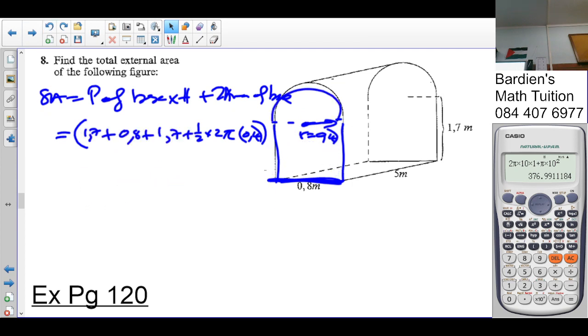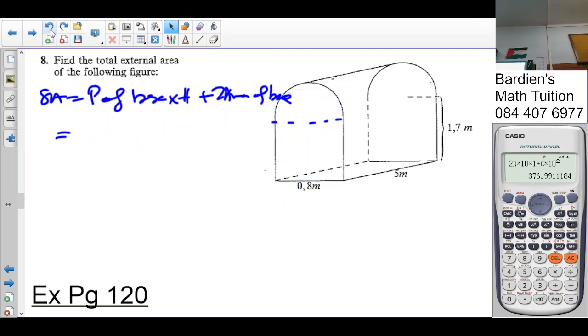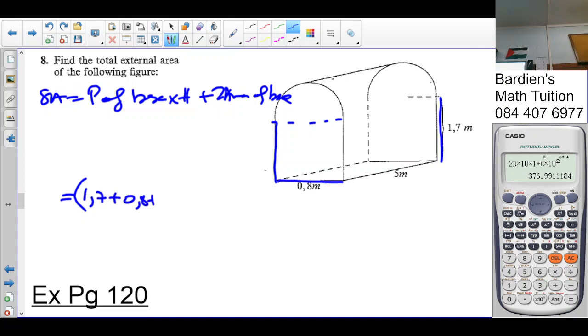Let's go again. The perimeter of the base, I'll start here, which is 1.7. I'm getting it from here. 1.7 plus 0.8 plus 1.7 plus that semicircle. The perimeter of a circle is 2 pi r. The radius of this is going to be 0.4.